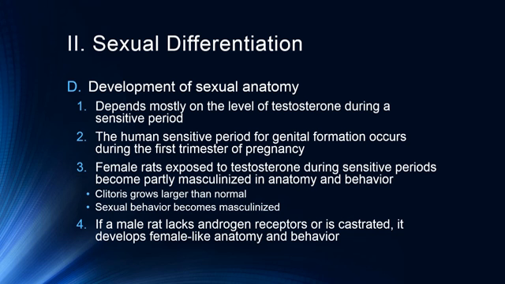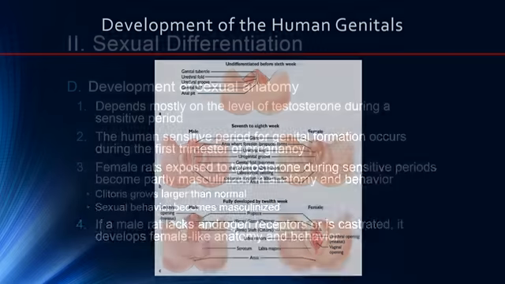If a male rat lacks androgen receptors or is castrated, it develops female-like anatomy and behavior. So during these critical periods, these are organizing and activating effects of sex steroids, particularly the presence or absence of testosterone and the levels of testosterone.